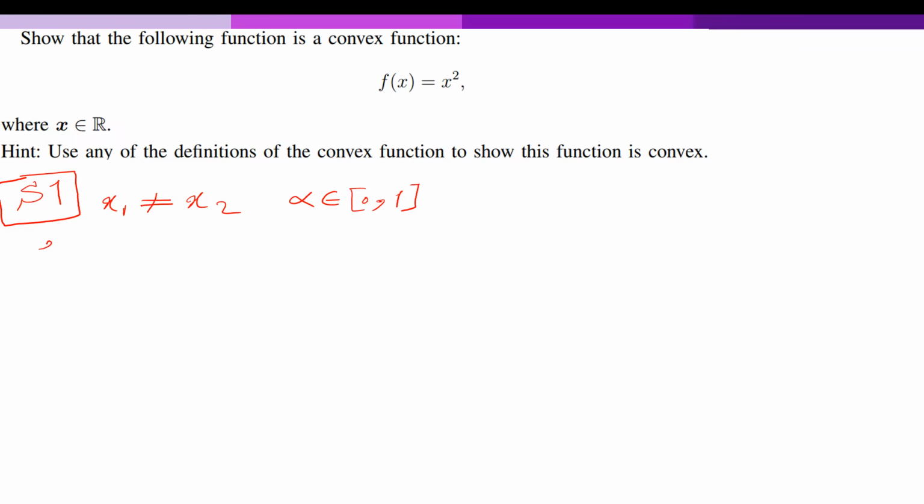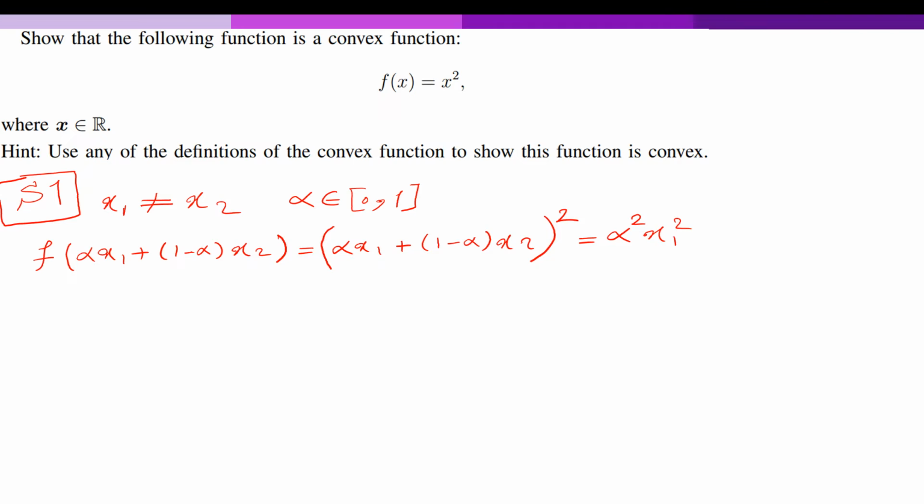Based on the definition, we say that f of alpha x1 plus 1 minus alpha x2 is equal to alpha x1 plus 1 minus alpha x2 to the power of 2, which gives us alpha squared x1 squared plus 2 alpha 1 minus alpha x1 x2 plus 1 minus alpha to the power of 2 x2 squared.